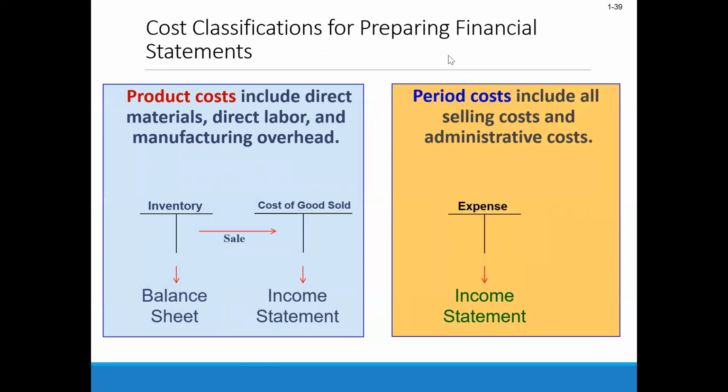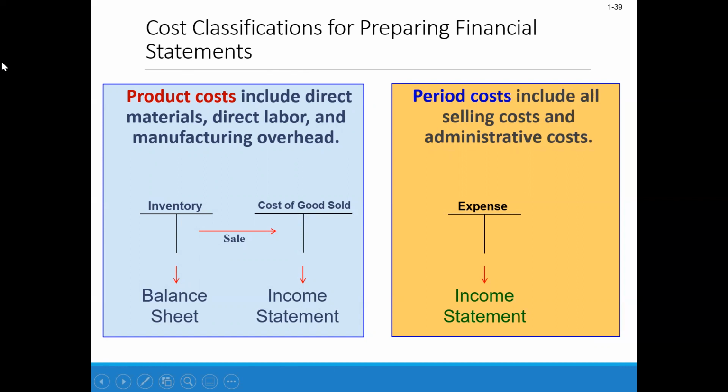So here you see product costs: the direct materials, direct labor, and manufacturing overhead are part of the balance sheet. It's an asset, a current asset under inventory. And they stay on the balance sheet until the product is sold.